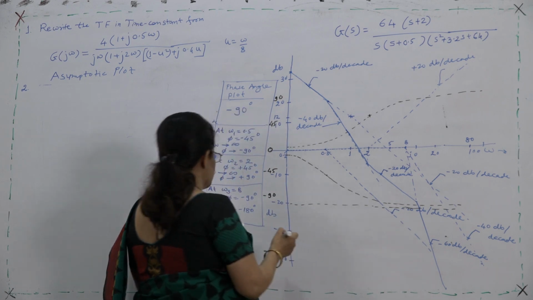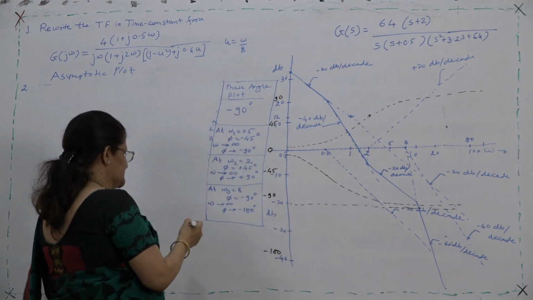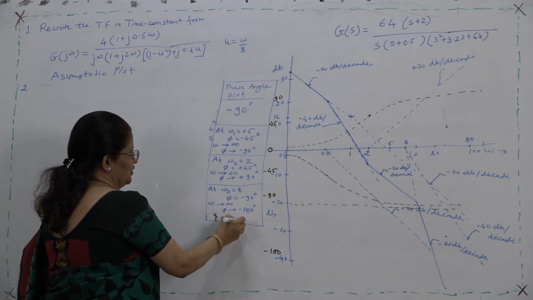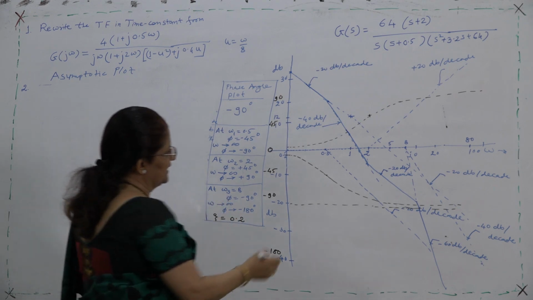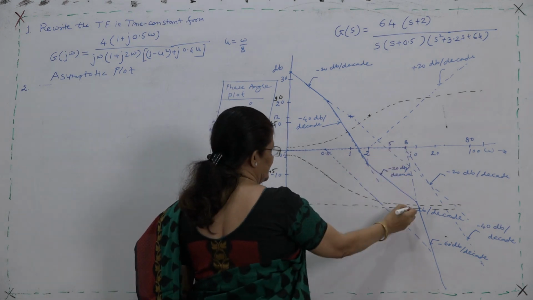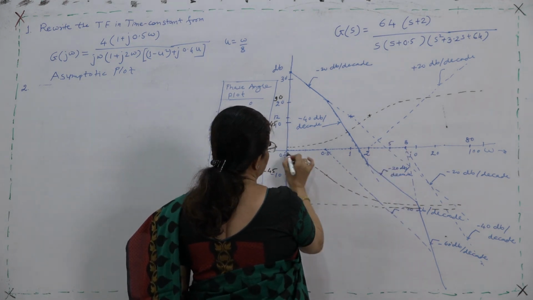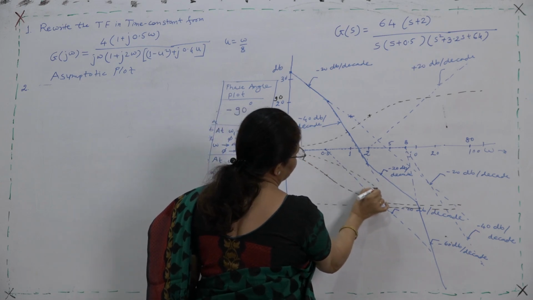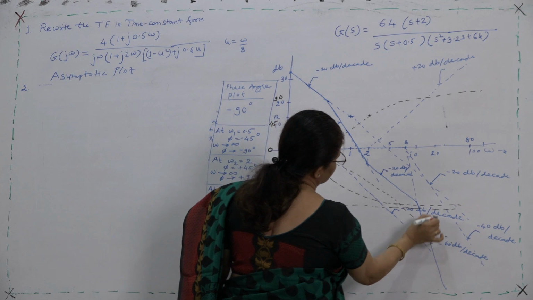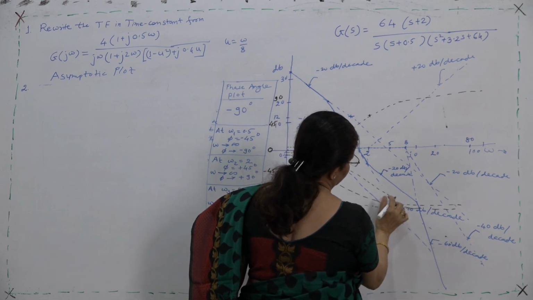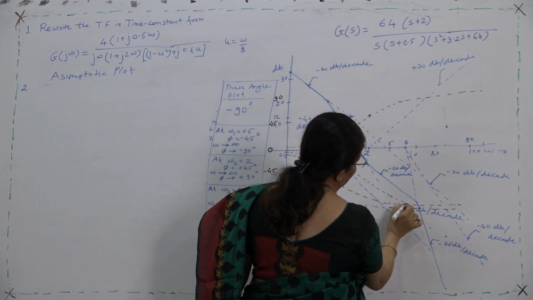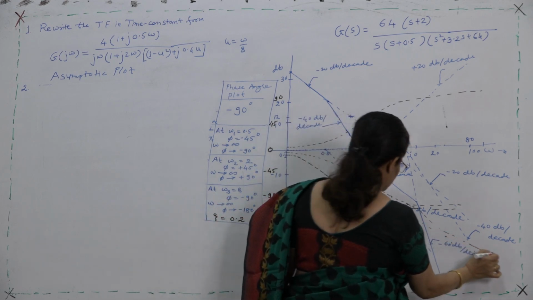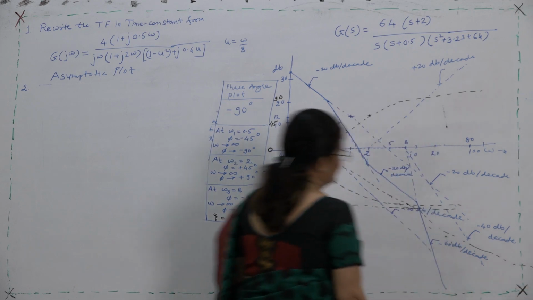And tan inverse function approximately with zeta equal to, what is the value? 0.2. You have to draw it, but approximately first we will draw. So, at 8 it is 90, and as you go away it will go towards minus 180.